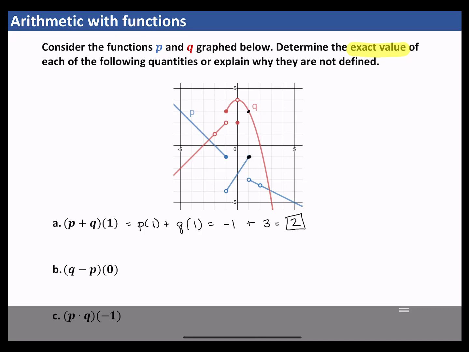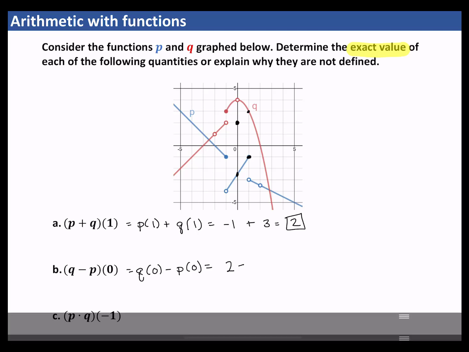Next, we have (q minus p)(0). We know that is q of 0 minus p of 0. q of 0 is equal to 2. And p of 0, well, that appears to be negative 2.5, but the directions did say we needed to find the exact value, so we don't want to leave that to chance.